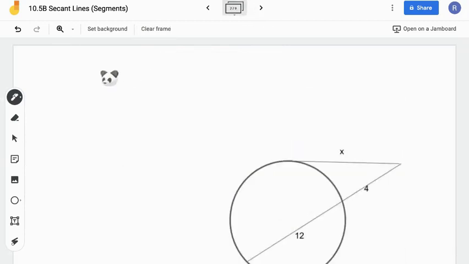Okay, now we have another one. Again, looking at the entire length, which is 12 plus 4, multiplied by the outside amount, which here is 4, has to be equal to this length squared.